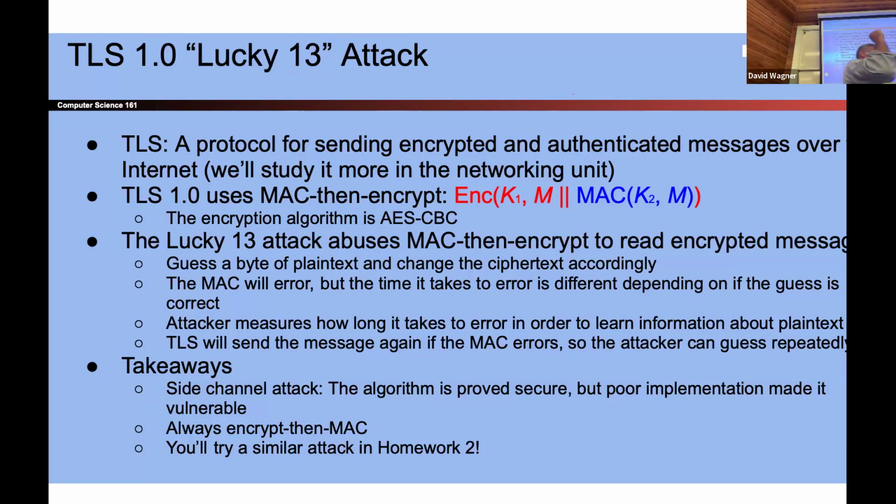And that 1 bit signal, took longer or took shorter, if the attacker repeats many times and does some clever stuff, is enough for an attacker who eavesdropped on a ciphertext encrypted in this way to figure out what the corresponding message must have been. Hard to believe that should be possible. But this seemingly very minor information leakage due to the timing differences was enough to defeat the security of secure web traffic.